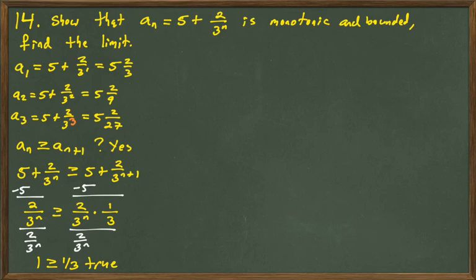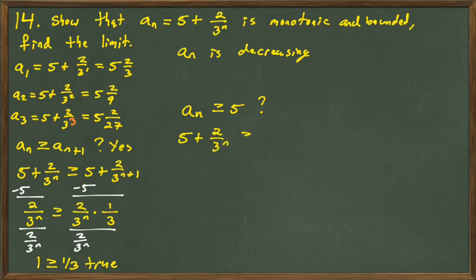Now we want to show that it is bounded from below. So what might it be bounded below by? So we're going to suppose that a sub n is greater than or equal to 5 for all n, which means it's bounded from below. So 5 plus 2 over 3 to the n, that's what a sub n is.